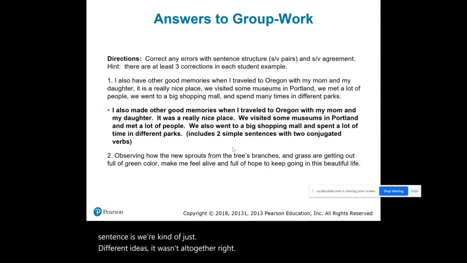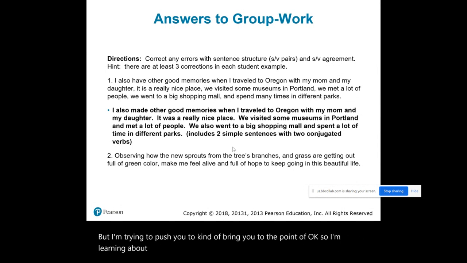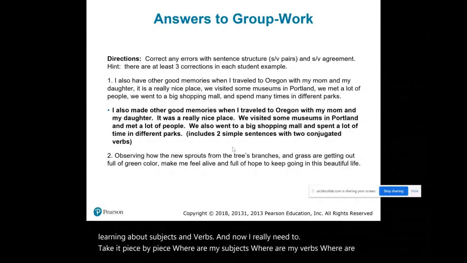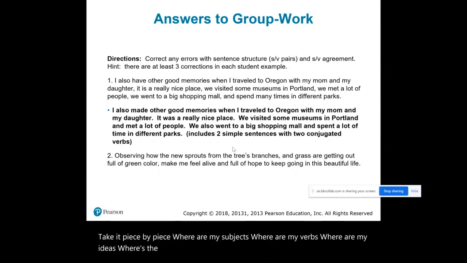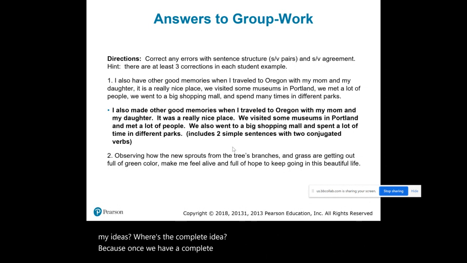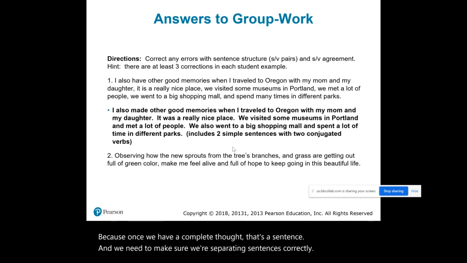But I'm trying to push you to the point of, okay, I'm learning about subjects and verbs, and now I really need to take it piece by piece. Where are my subjects? Where are my verbs? Where's the complete idea? Because once we have a complete thought, that's a sentence. And we need to make sure we're separating sentences correctly. Okay.